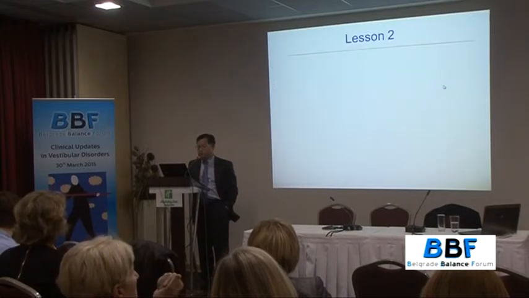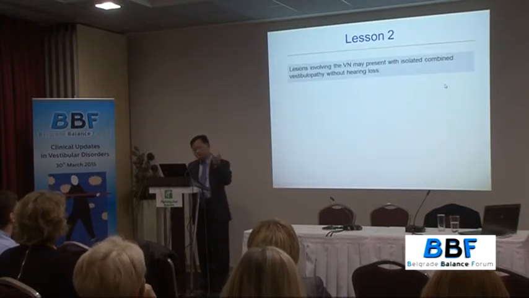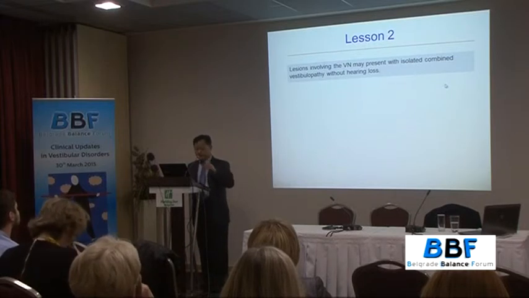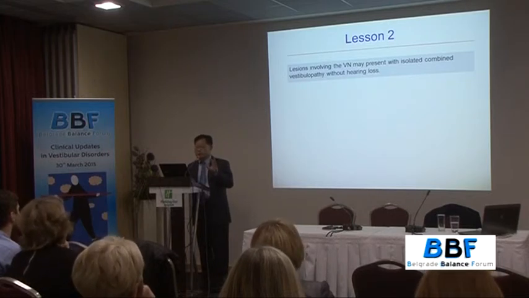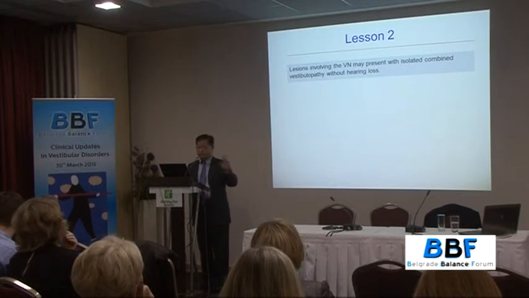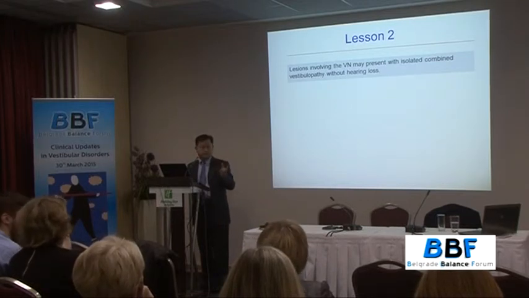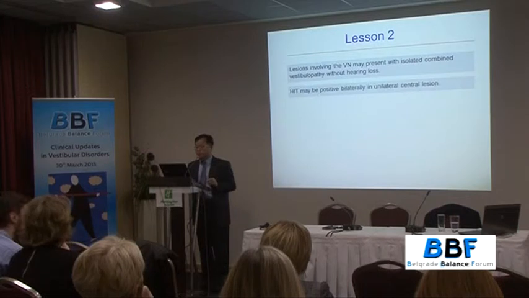we documented bilateral impairment and caloric paresis on the lesion side. So the second lesson here is that lesions involving the vestibular nuclei may present with combined peripheral and central vestibulopathy without hearing loss, and may be isolated.